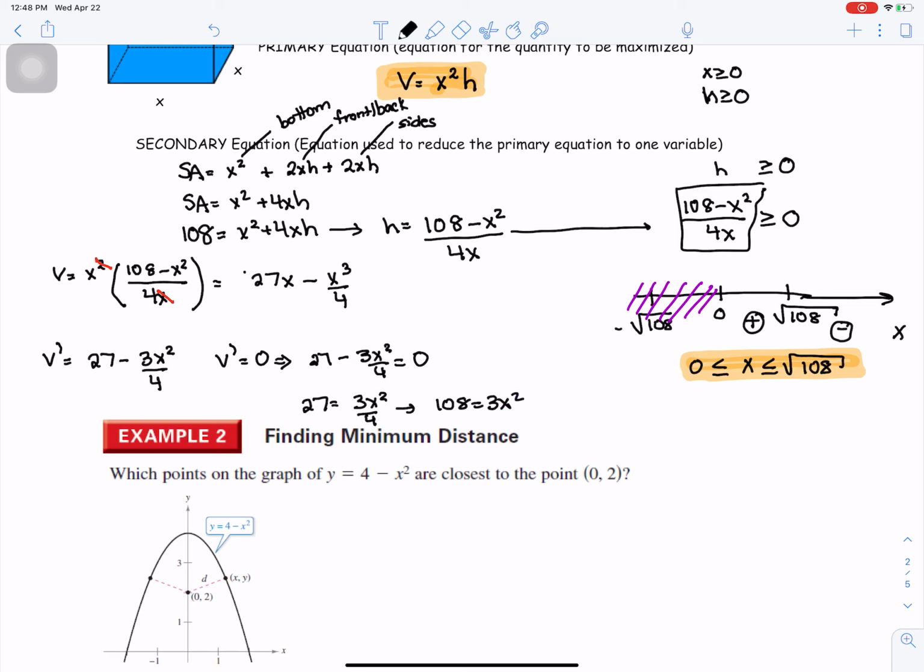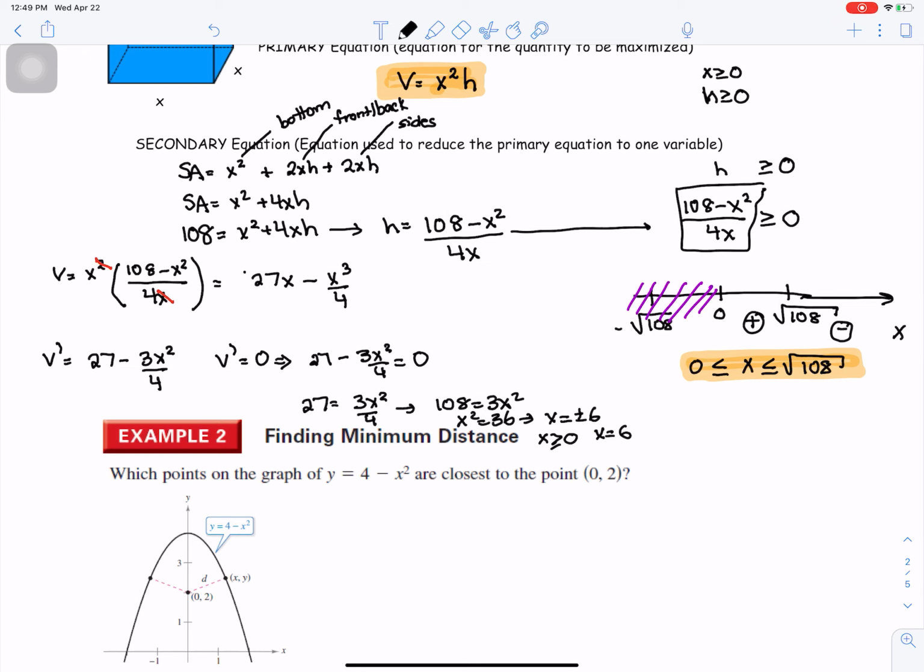Divide both sides by 3, which is 36. x squared is equal to 36. When I solve that, x is equal to plus or minus 6, but again, x has to be greater than 0. So x is equal to 6.